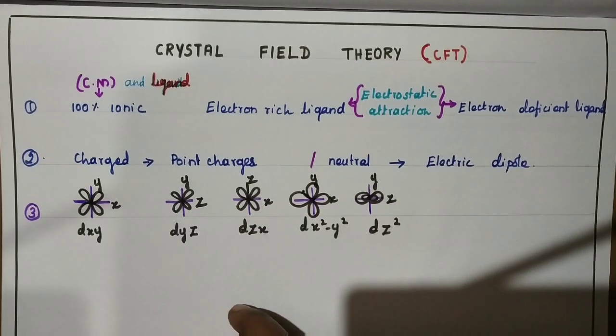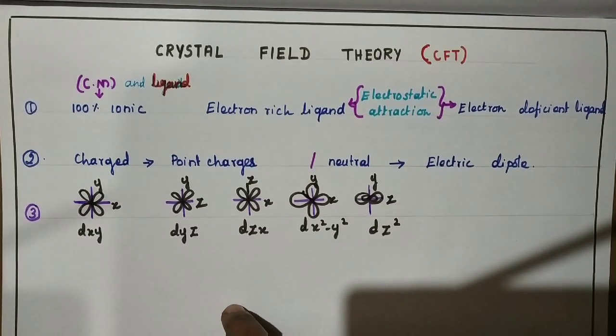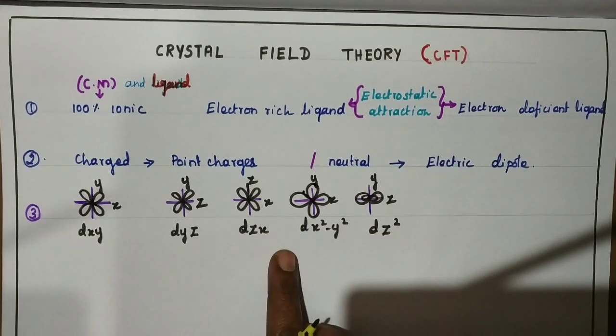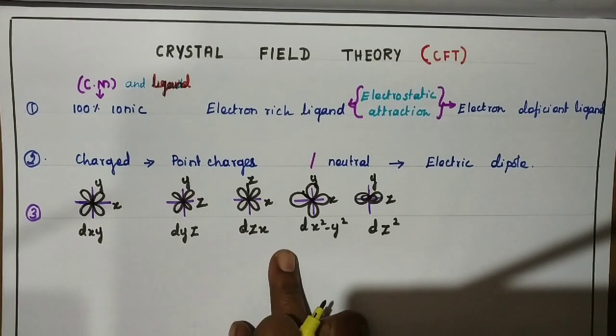In the spherical shape, all 5 d orbitals of the central metal ion are degenerate. What does degenerate mean? Degenerate means equal energy.